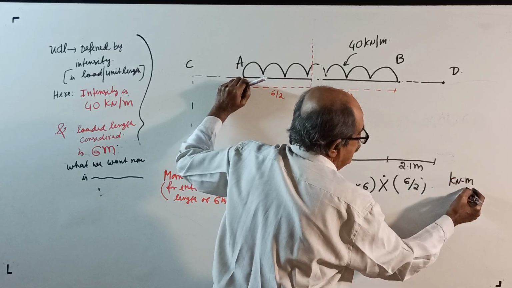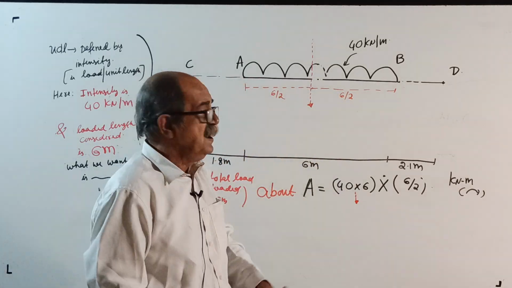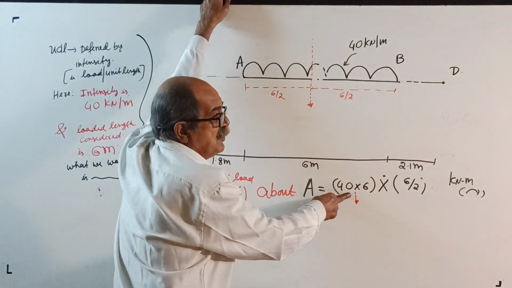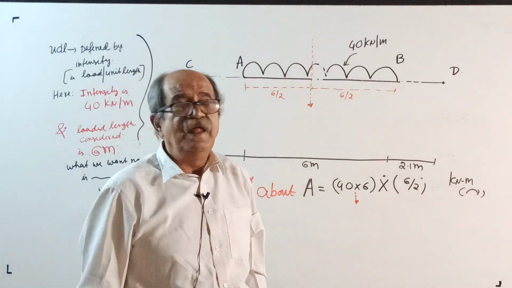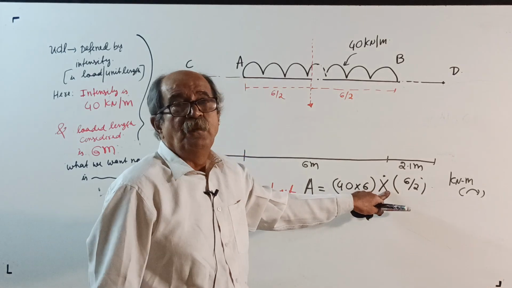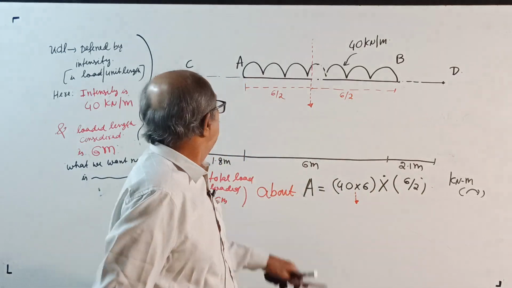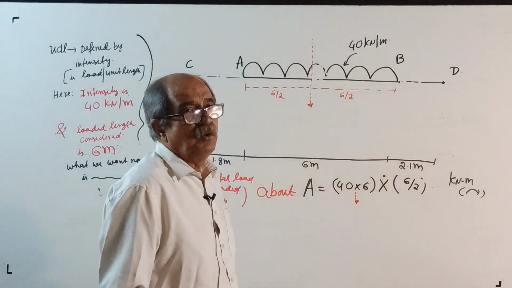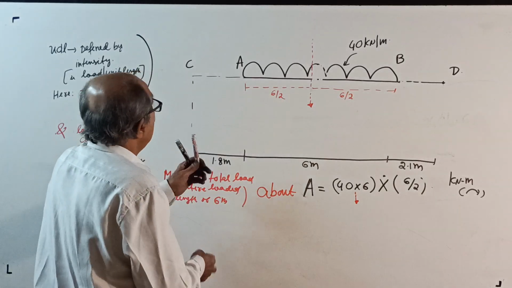Those who want, write magnitude of the total load given by intensity of UDL into loaded length considered. This is moment multiplied. This is perpendicular distance from A to line of action of load. Remaining point I will not tell, you should write. Okay, now about A over.